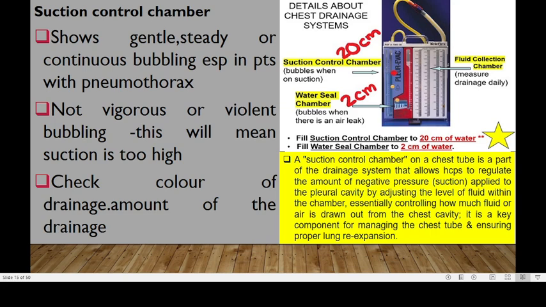Starting with the suction control chamber, this one shows gentle, steady, or continuous bubbling, especially in patients suffering from conditions like pneumothorax. It should not be vigorous nor violent, because that will mean that the suction is too high. So your responsibility as a nurse is just to check the color and the amount of the drainage.